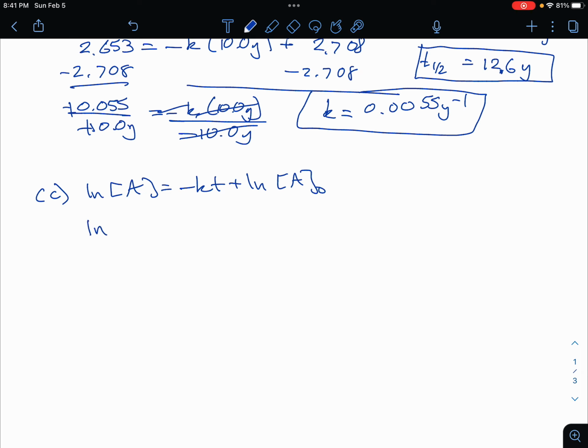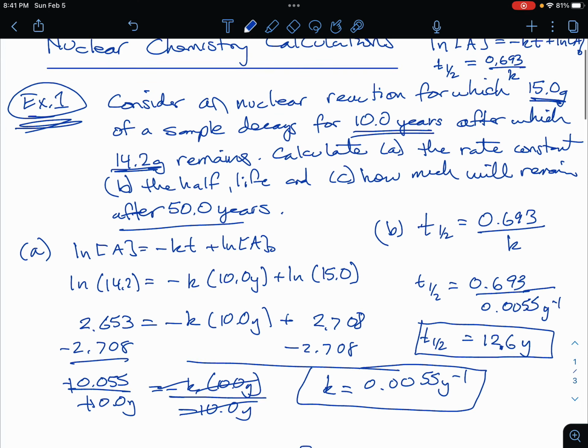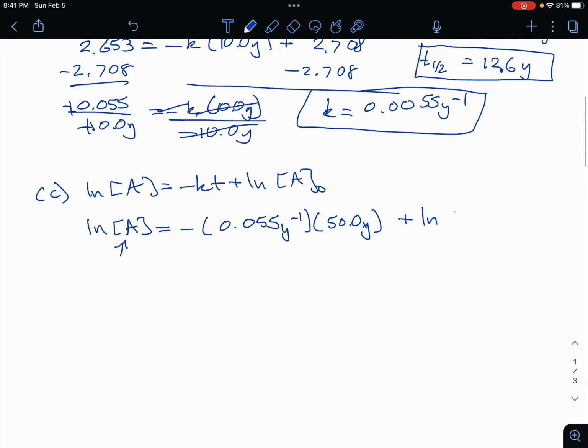We're asked how much is going to remain, so we need to find A here. We know the value of k, that's 0.055 years to the minus 1, times 50 years, plus, how much will remain after 50 years? Originally we had 15 grams.